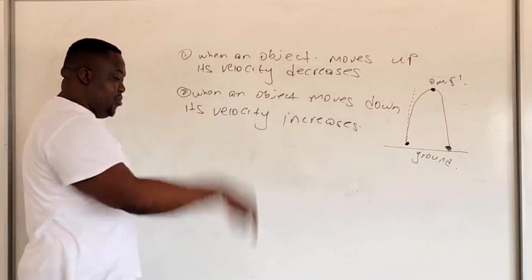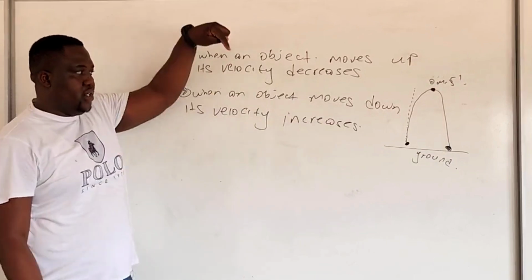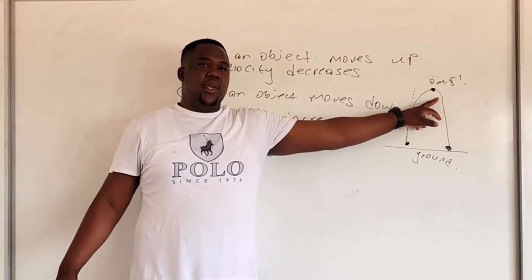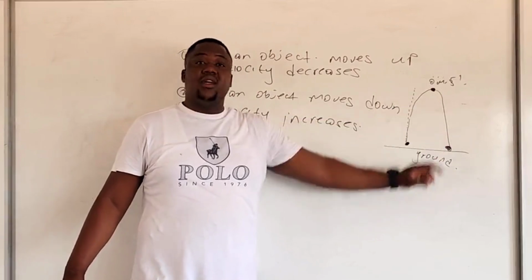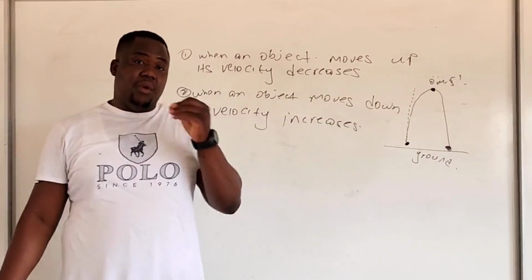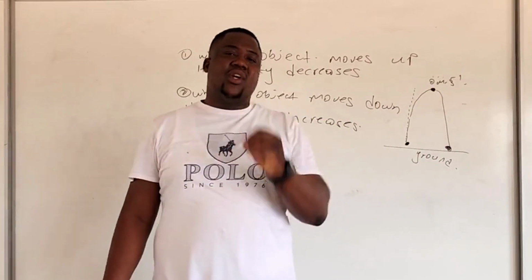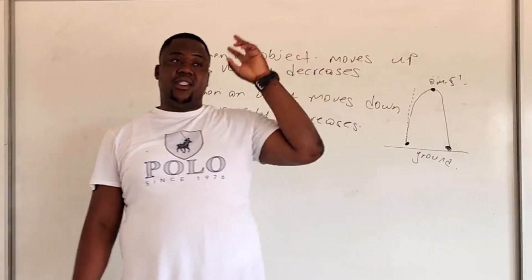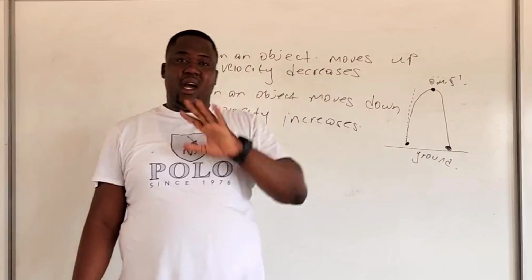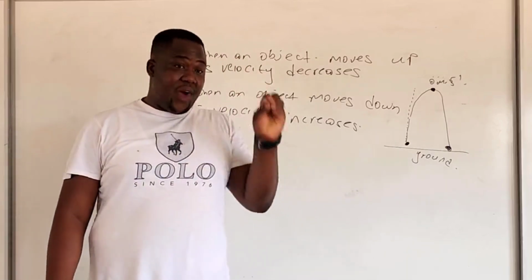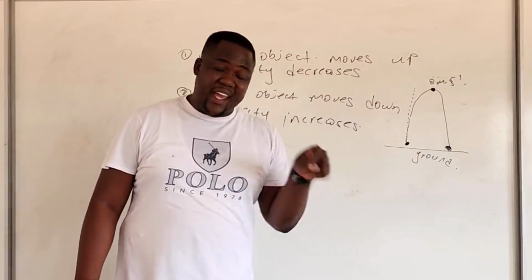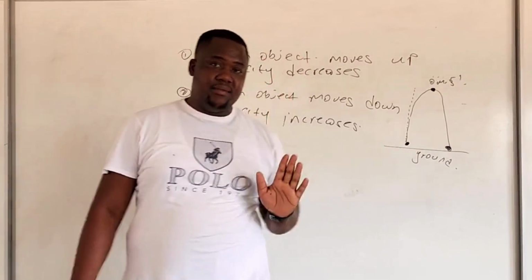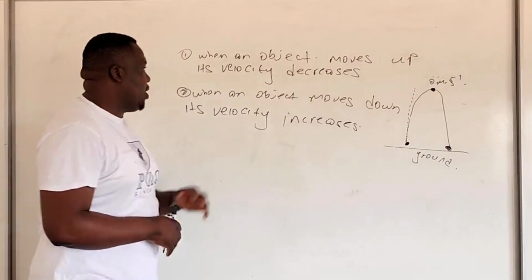The velocity at this position will not be equal to the velocity at this position. When an object moves down, velocity increases. When an object moves up, velocity decreases. Sorry about what I said earlier.